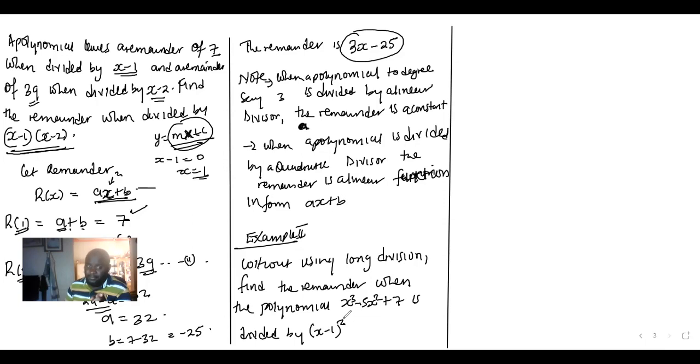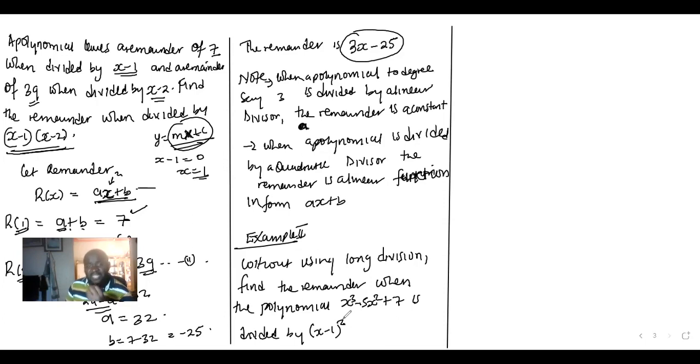Do you agree? When the divisor is a quadratic, dividing a polynomial of degree 3, what kind of remainder do we expect? Do we expect a constant or a linear function? You're rushing. Think. When a polynomial is divided by a quadratic divisor, what have we said?